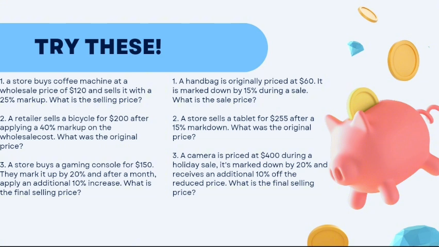What is the selling price? For number 2, a retailer sells a bicycle for $200. After applying a 40% markup on the wholesale cost, what was the original price? On number 3, a store buys a gaming console for $150. They mark it up by 20% and after a month apply an additional 10% increase. What is the final selling price?